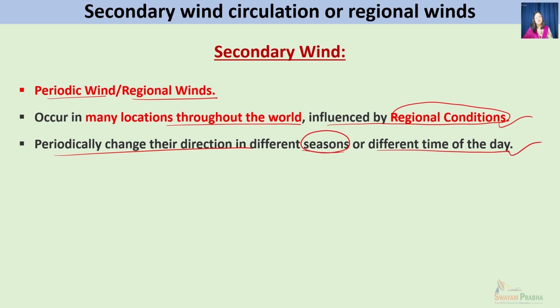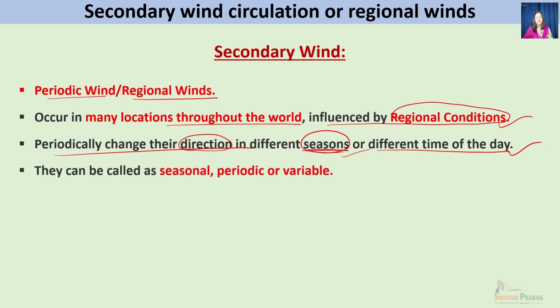During the daytime they may have a different direction, and during the night time also they may change their direction, and also the direction of the winds may change according to season. They can also be called seasonal winds or periodic or variable winds, because their direction is not static, not the same throughout the year.